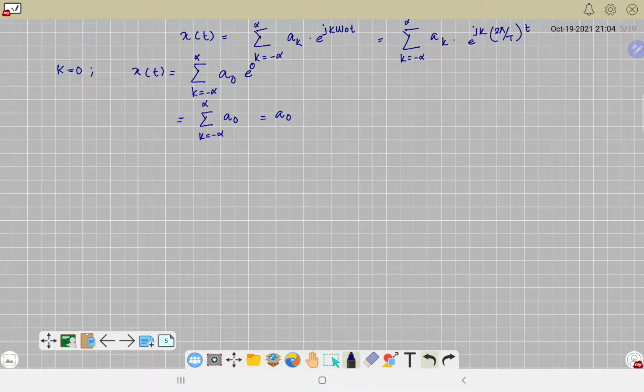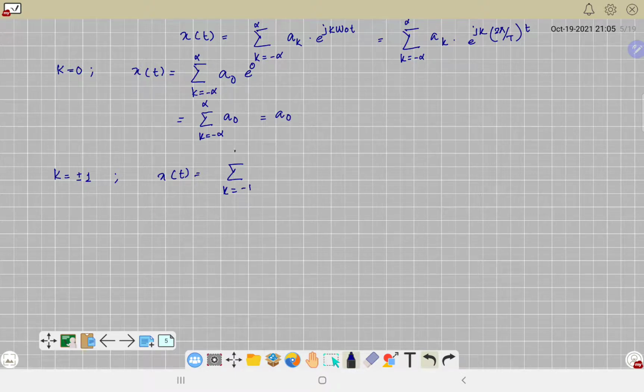Okay. So for k equal to 0, equation 5, x of t becomes a constant having a value a0.